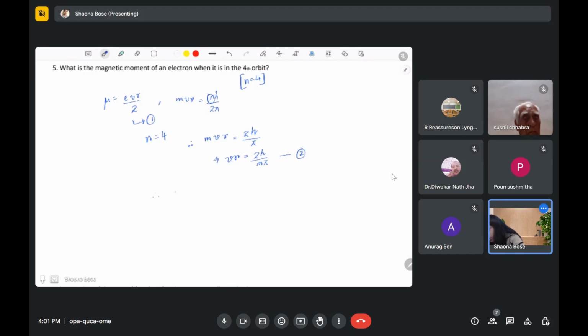So now just put 2 in 1. So the magnetic moment is e by 2 times 2h by m pi.